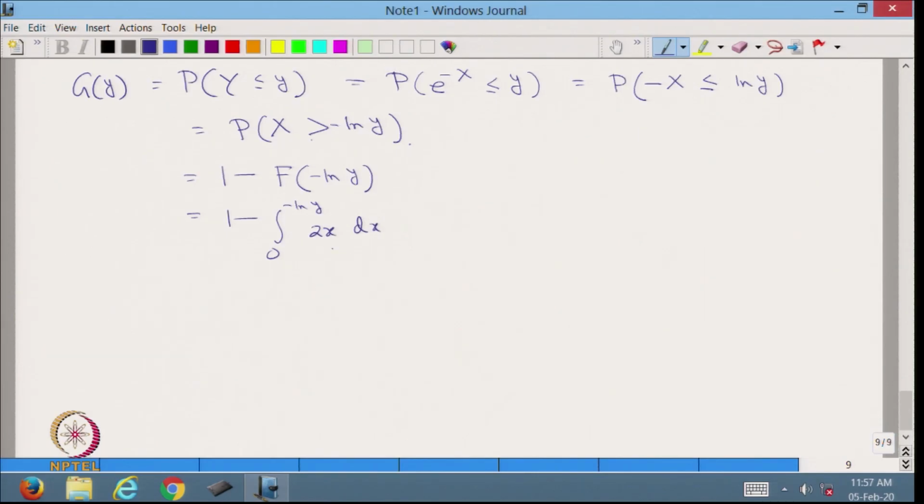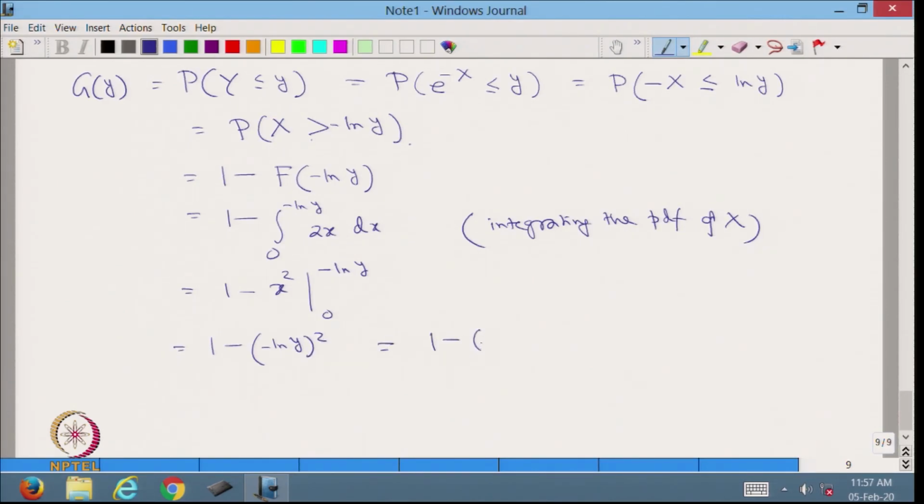This is the PDF of X. Is equal to 1 minus x square from 0 to minus log of y, equal to 1 minus (log y) whole square, equal to 1 minus log y square.